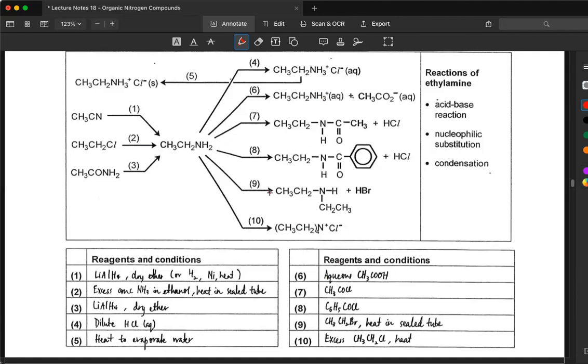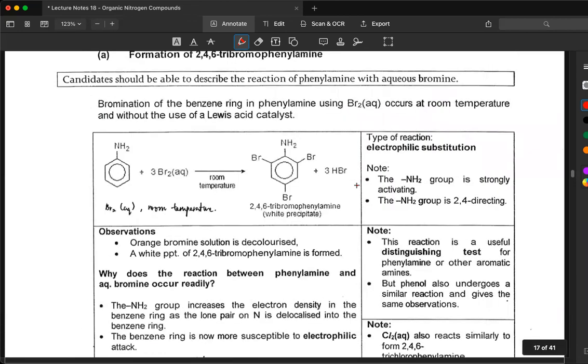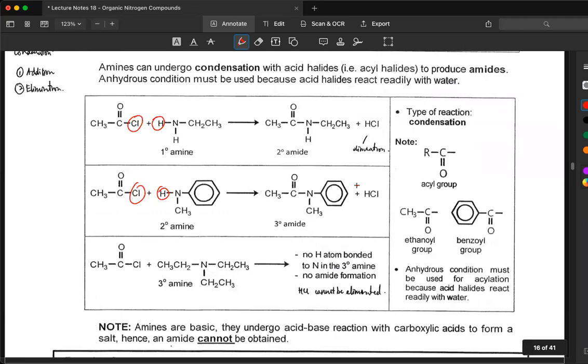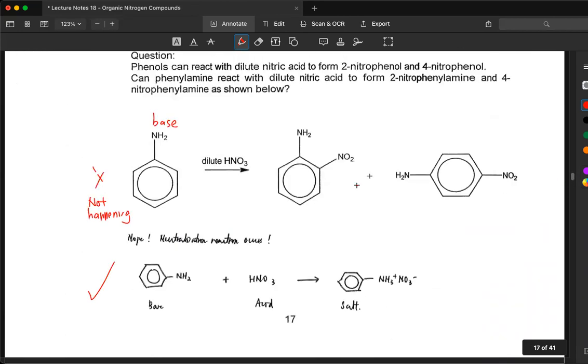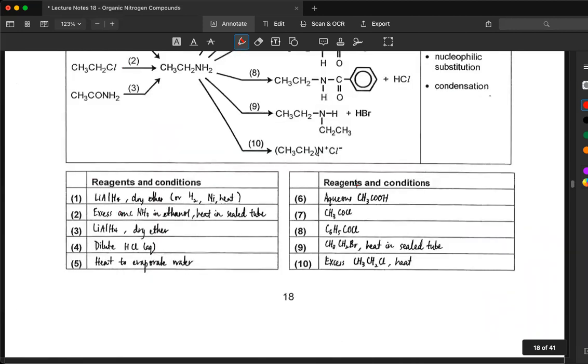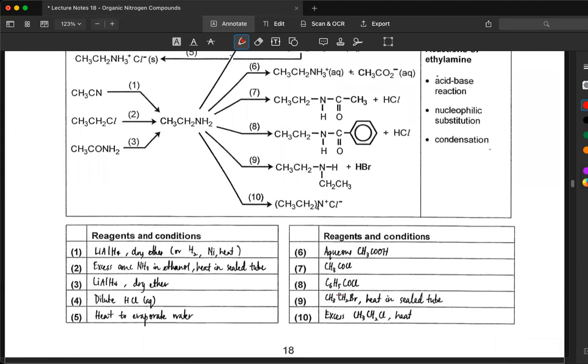Then 8, you use benzoyl chloride. Also can.